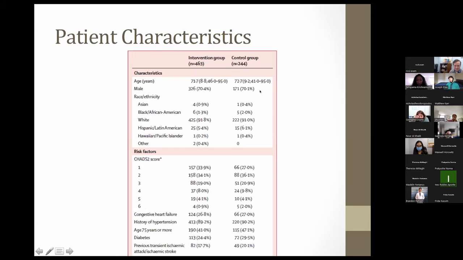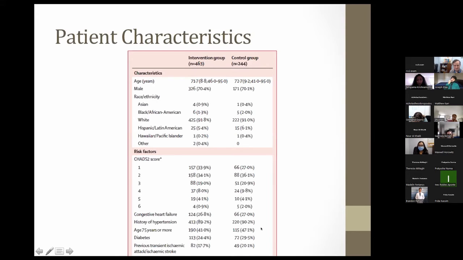Yeah. And then any thoughts on the distribution of comorbid conditions, risk factors? And does it seem reasonable for the question that they're trying to answer? So it seems like maybe the control group is a little bit sicker than the intervention group.